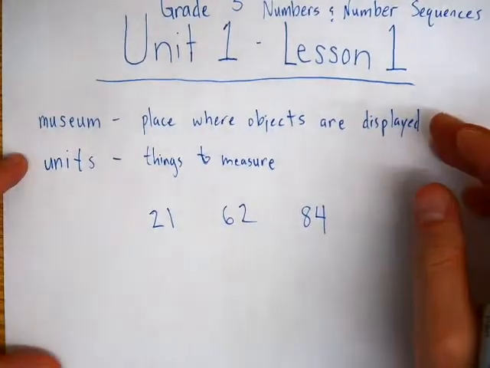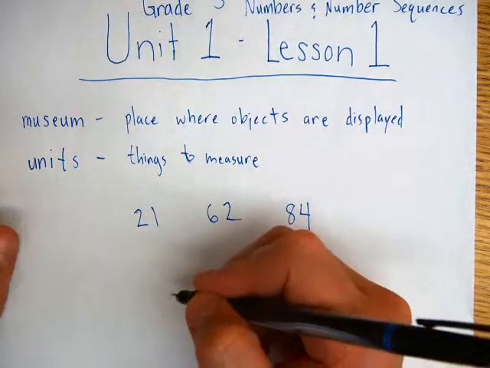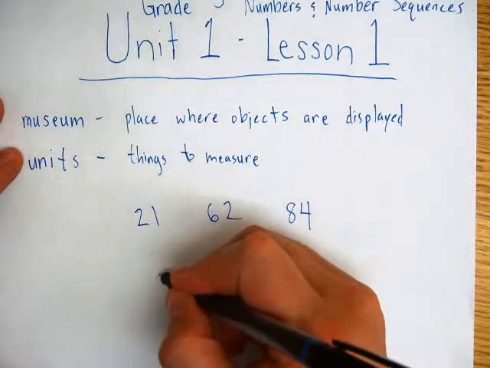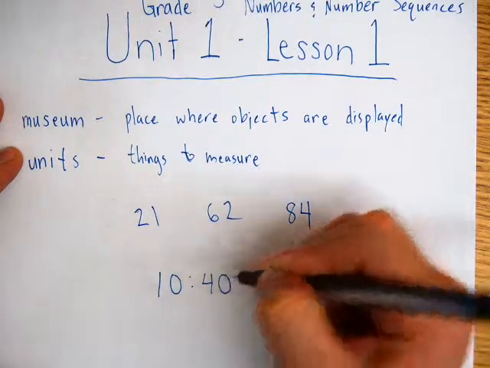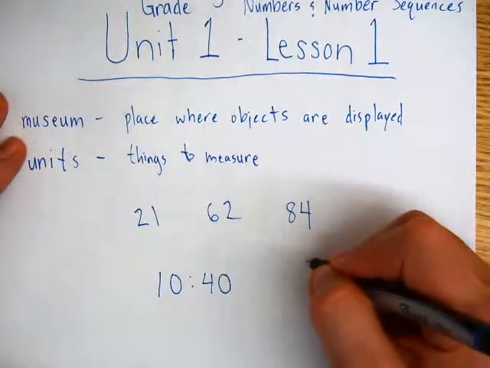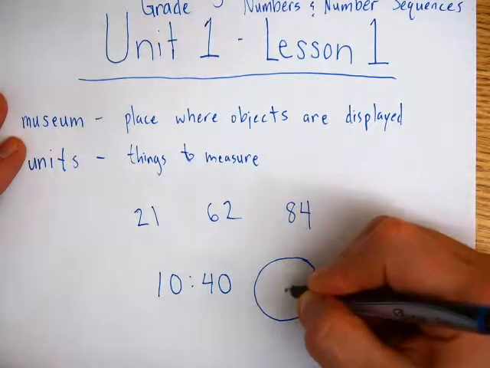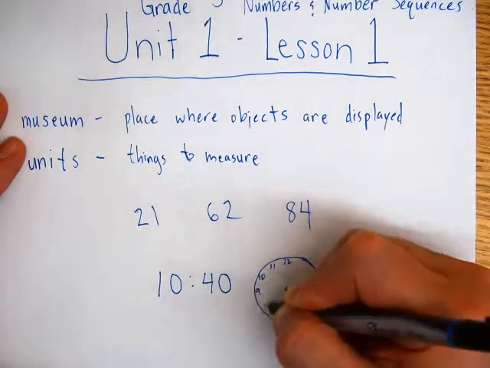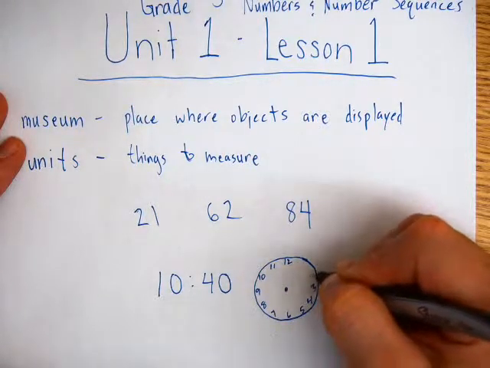As far as time, we also review time, and we want kids to be able to write the time in digital notation. Digital notation is like if the time is 10:40, we want the kids to be able to write 10:40. We also still want them to be able to draw the hands on the clock in the correct position. So this is 12, 11, 10, 9, 8, 7, 6, 5, 4, 3, 2, 1.